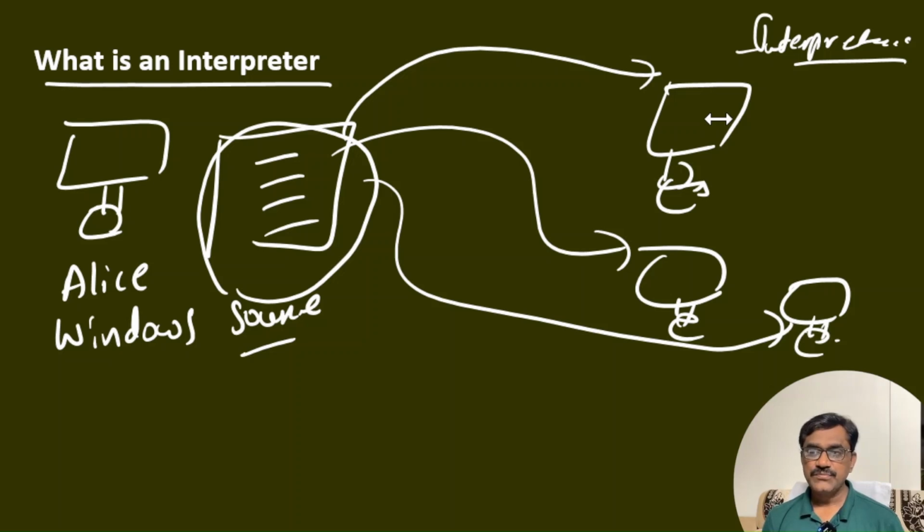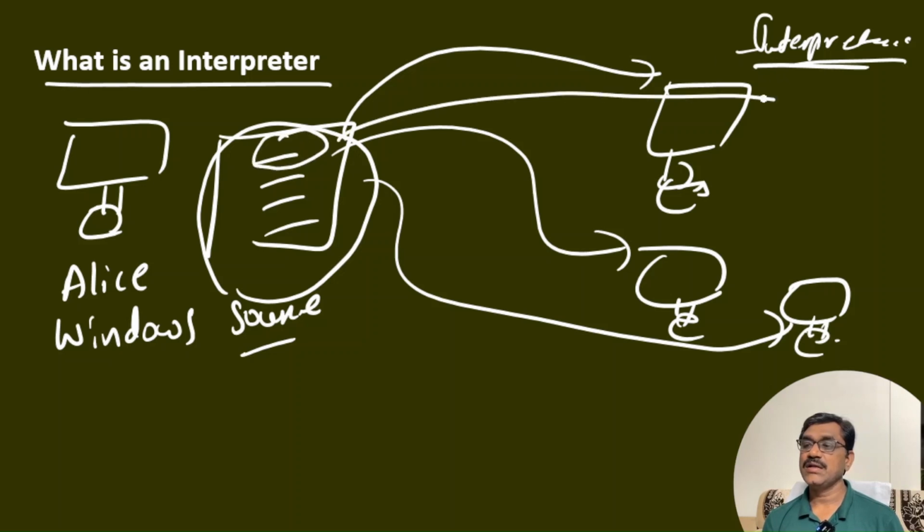But here, we are not generating the executable code. We just execute the source code at runtime by using their own interpreters. And what this interpreter does is take the source code and convert it line by line into machine code.